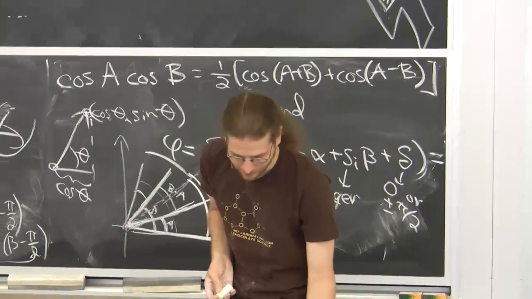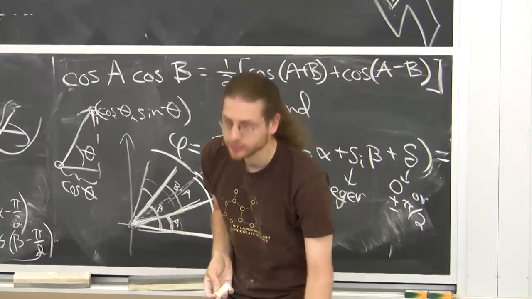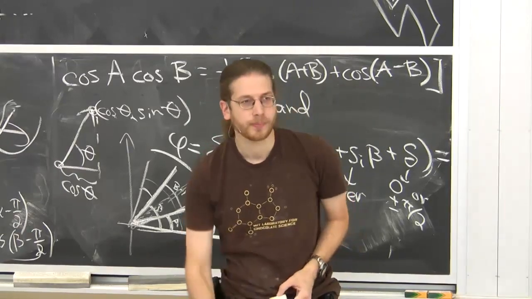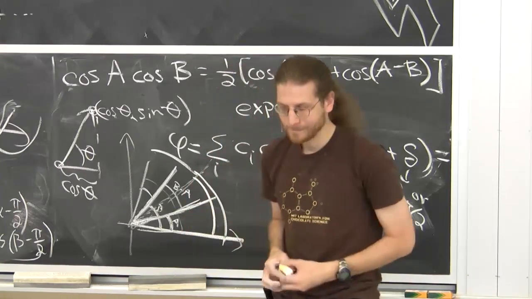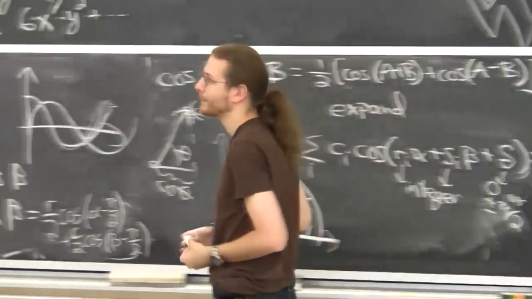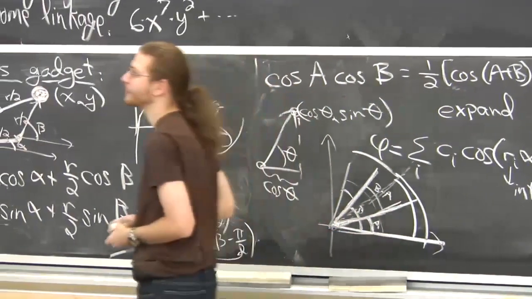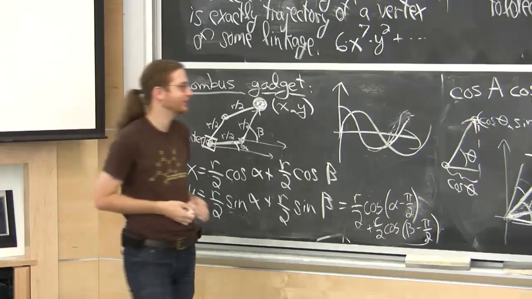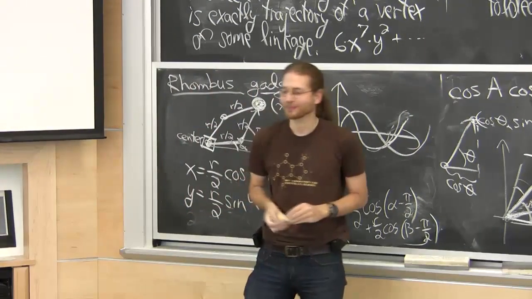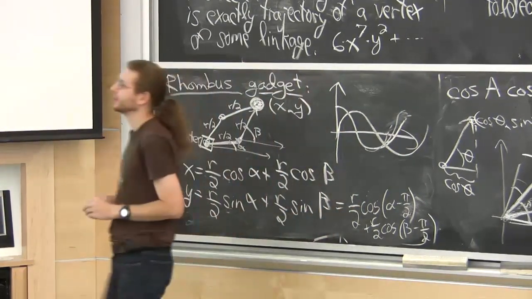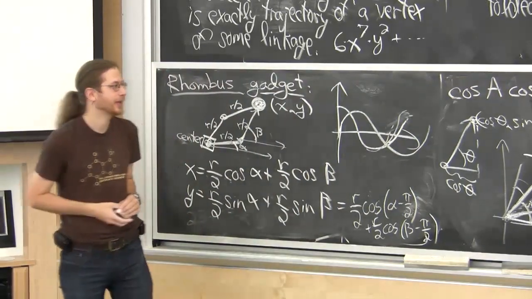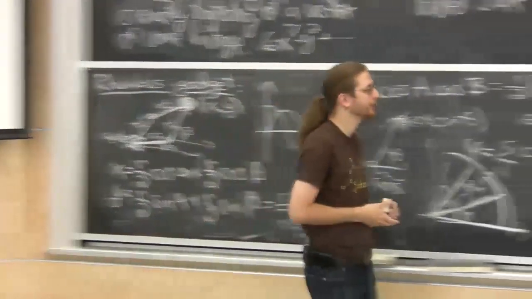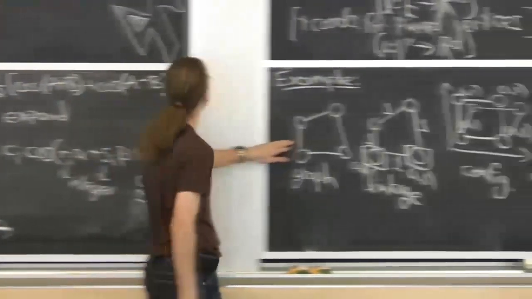Any ideas what's wrong? It has nothing to do with this picture. It has everything to do with the gadgets. And actually, it really has to do with all this business about the square.